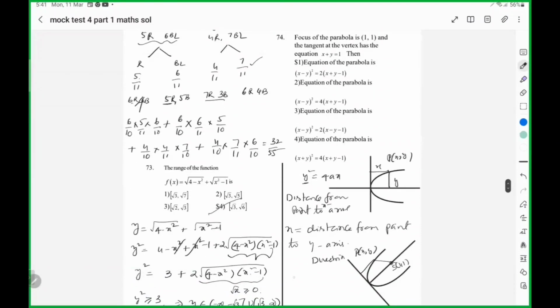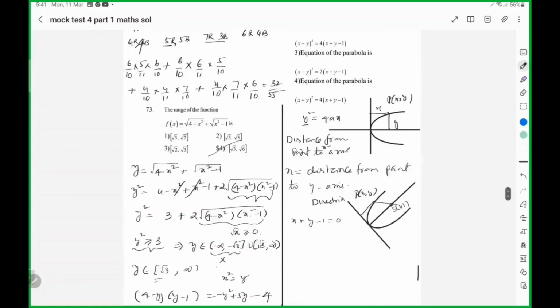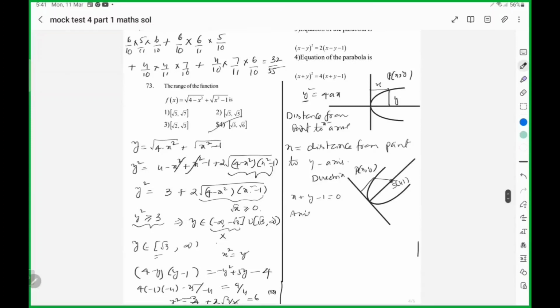He given the tangent at the vertex, so you can find the axis. It's just the perpendicular line, x minus y plus k equals 0, say. It passes through 1 comma 1. Substituting, we get x minus y equals 0.